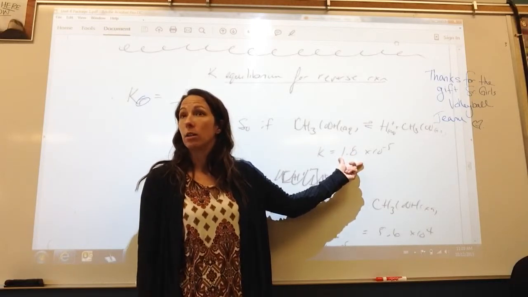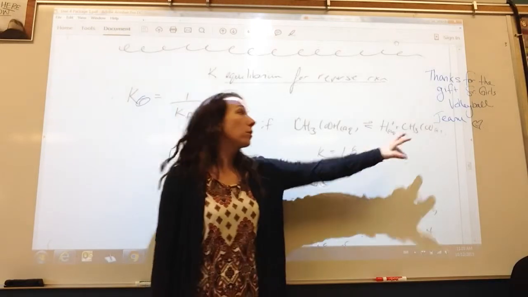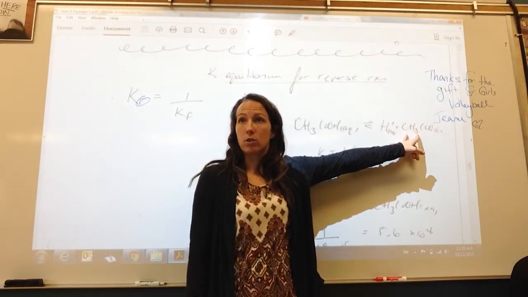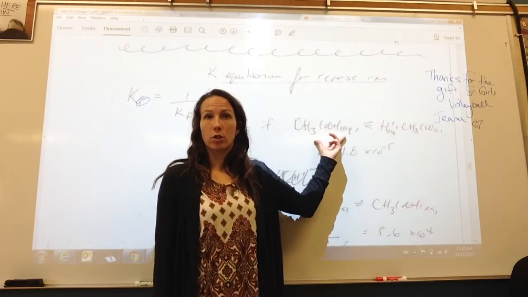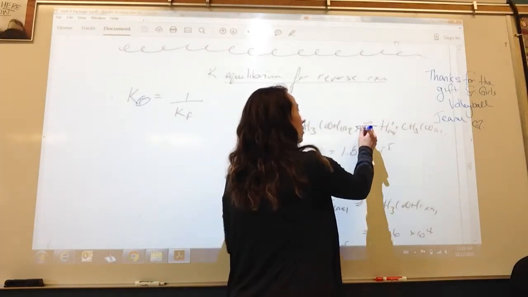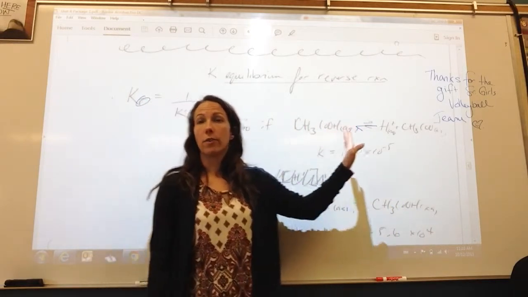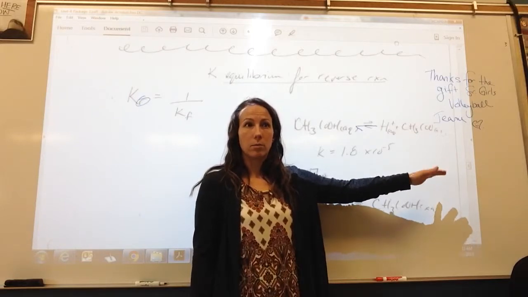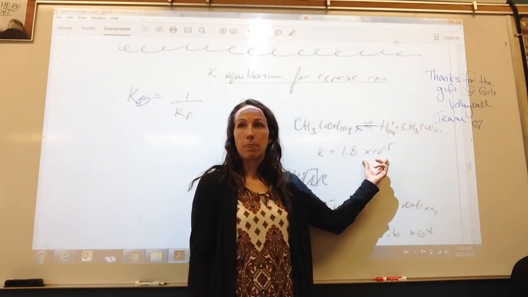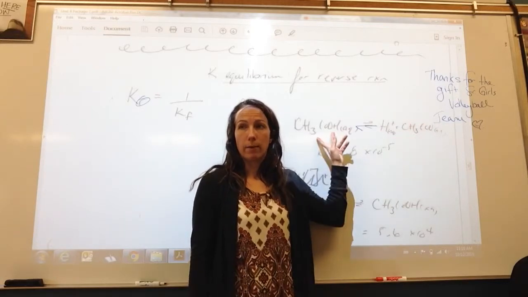That's quite small, which tells you that these are small in concentration, and this is large in concentration, which tells you that the equilibrium favors the molecular compound and not the ions, because this is small. Small is a small number over a big number.